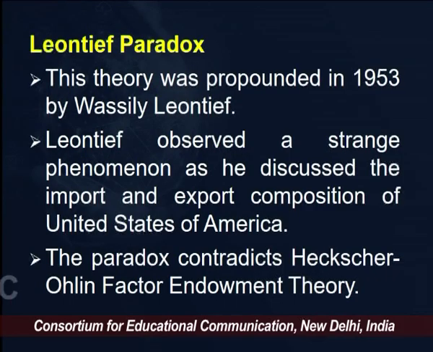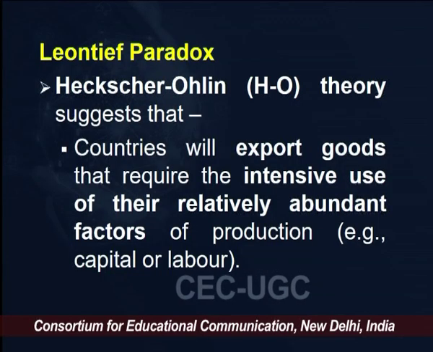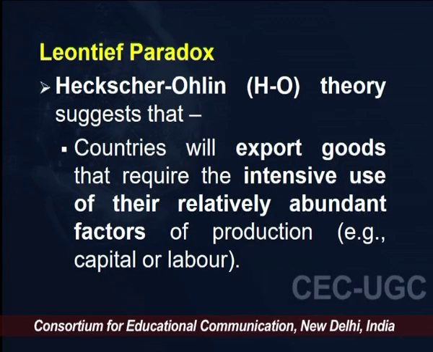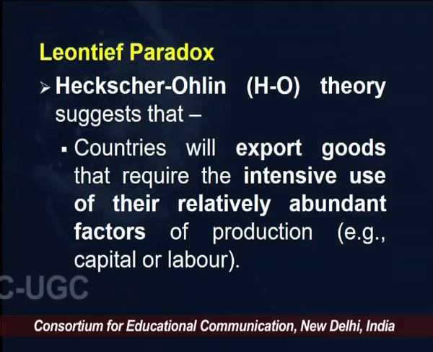The paradox contradicts the Heckscher-Ohlin factor endowment theory that we have studied in the last lecture. Now, the factor endowment theory given by Heckscher-Ohlin, which is known as the HO theory, suggests that countries will export goods that require the intensive use of their relatively abundant factors of production.